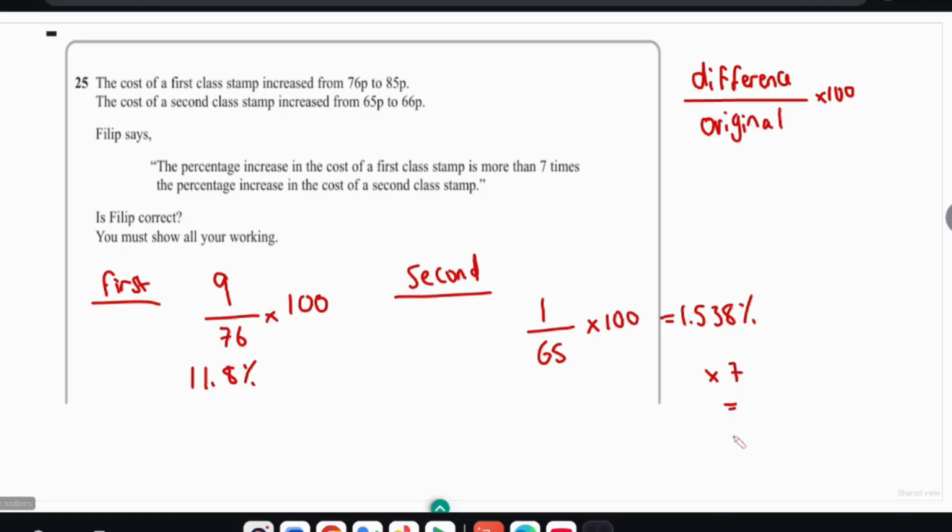And you get 10.76, 10.8. So hang on, what does he say? It's more than 7 times. So yes, it is more. So Philip is correct, because 11.8% is more than 10.8%.